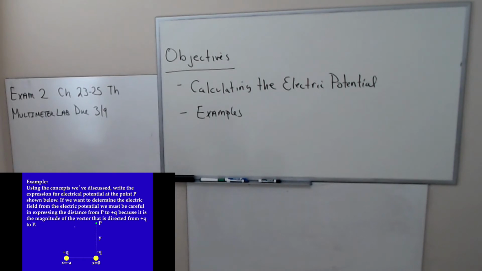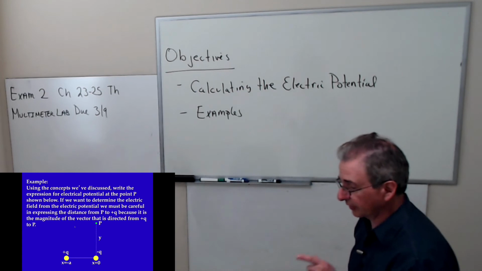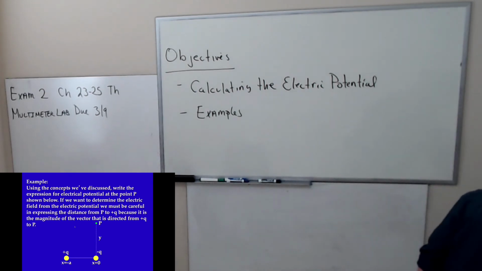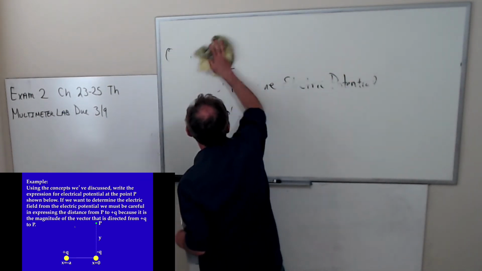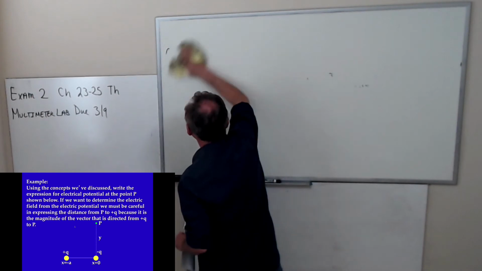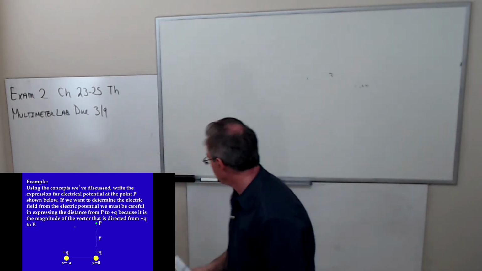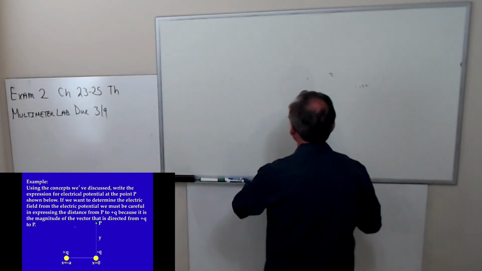I want to use the concepts we've discussed already to calculate the electric potential for that charge distribution. Okay. And because electric potential is a scalar and it obeys the principle of linear superposition, this is actually not that hard a problem.